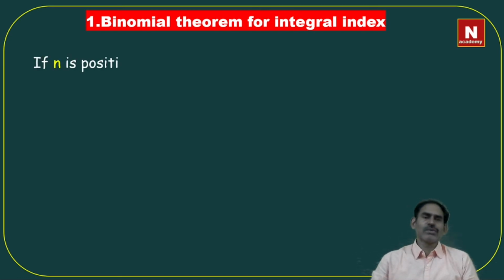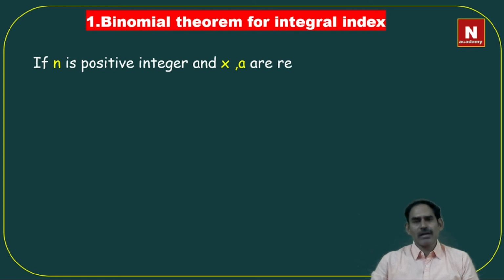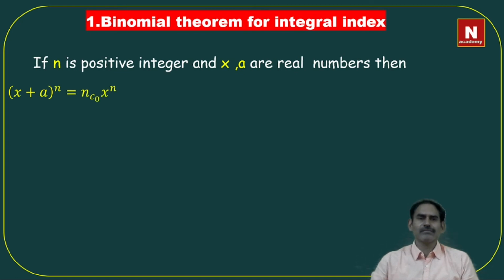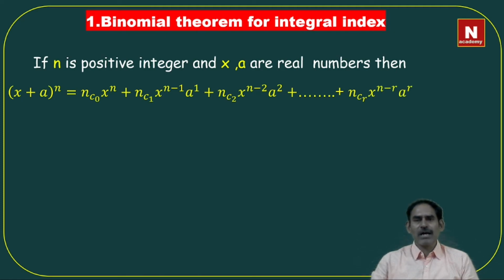If n is positive integer and x, a are real numbers, then (x plus a) whole power n equals nC0 x power n plus nC1 x power n minus 1 into a power 1 plus nC2 x power n minus 2 into a square plus so on, nCr x power n minus r a power r plus so on, last nCn a power n. This is the complete statement of binomial theorem.